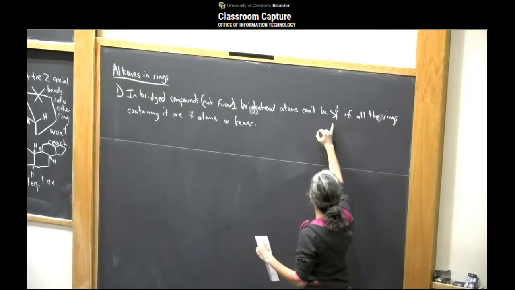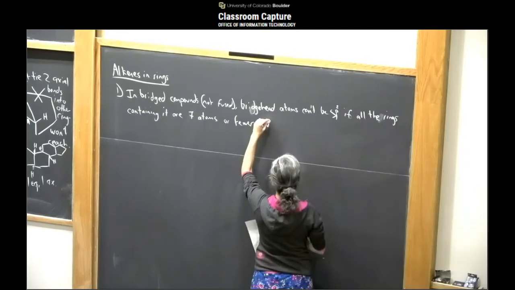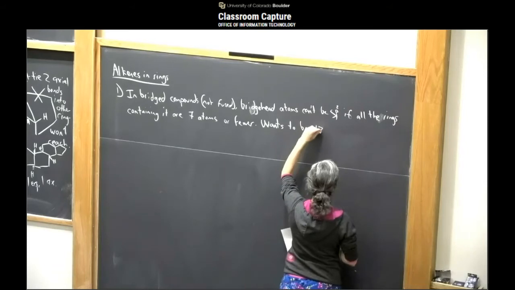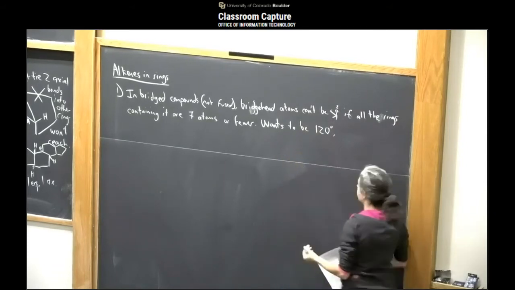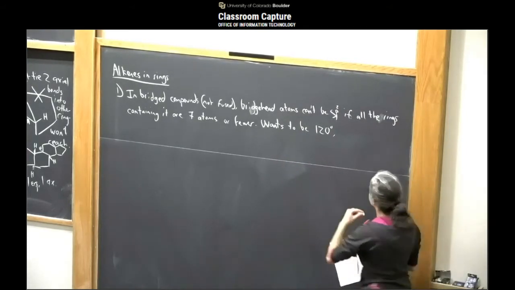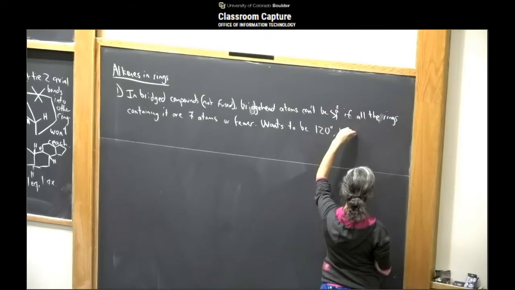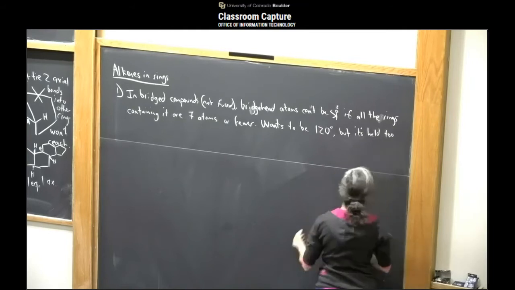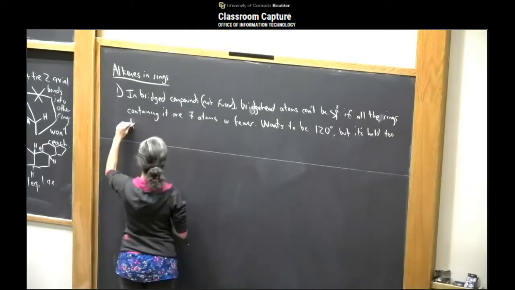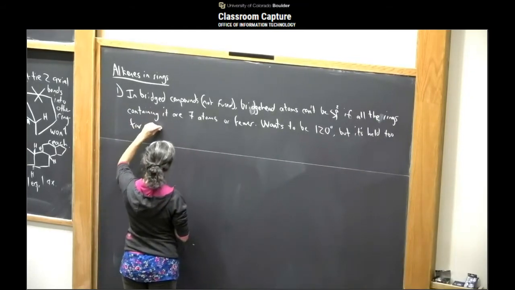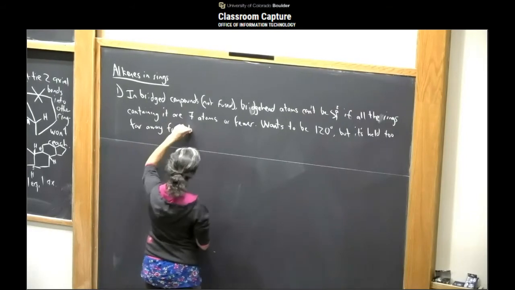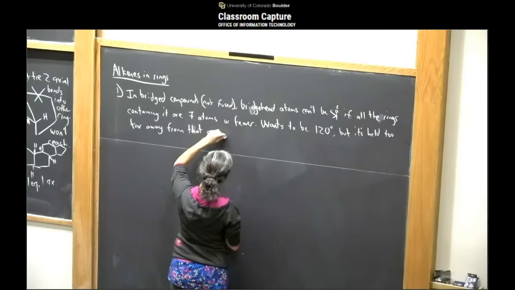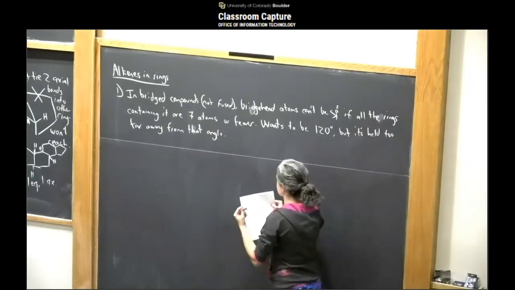If it's sp2, it wants to be 120 degrees, and there's just not room to allow that. Okay, so this is called Bredt's rule.